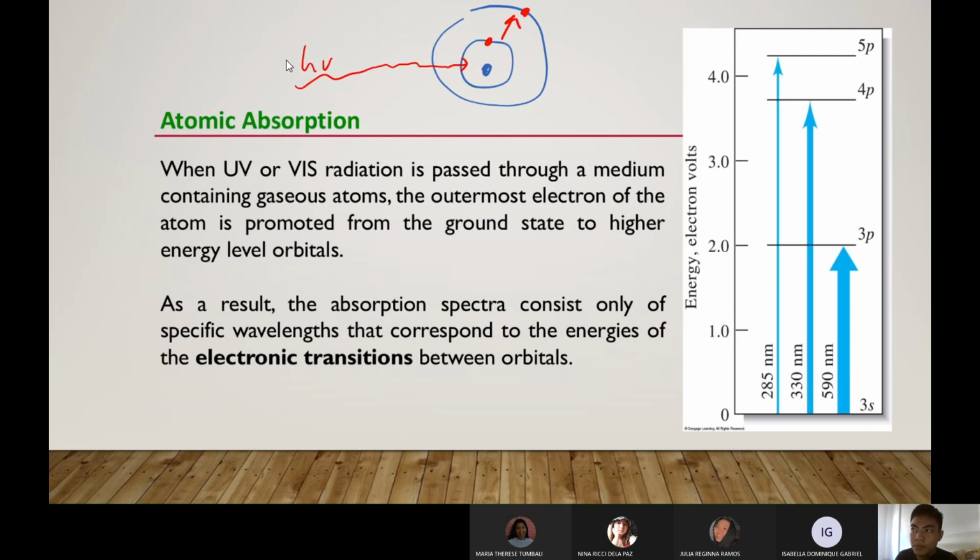No? So, what will happen is that when the atom absorbs energy, it excites its electron, umatalon yung electron niya to the next energy level. Okay? So, depending on what energy level will it jump, there will be a corresponding wavelength for that. Okay? So, yun yung idea lang dito.